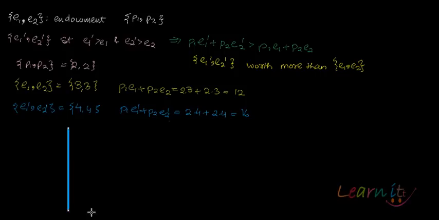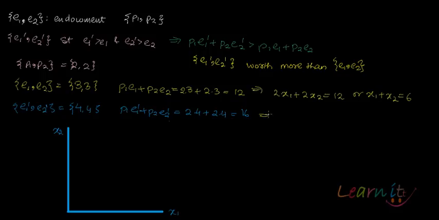I have your x1 here and x2 here. The first budget line would be 2x1 plus 2x2 is equal to 12, or x1 plus x2 is equal to 6.